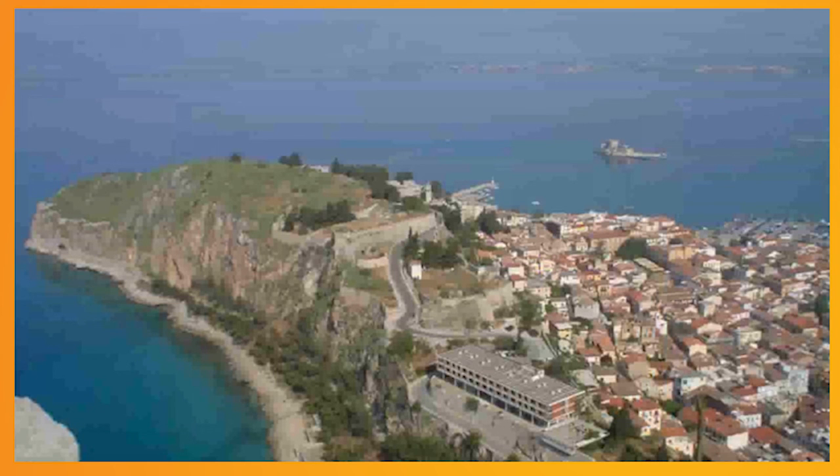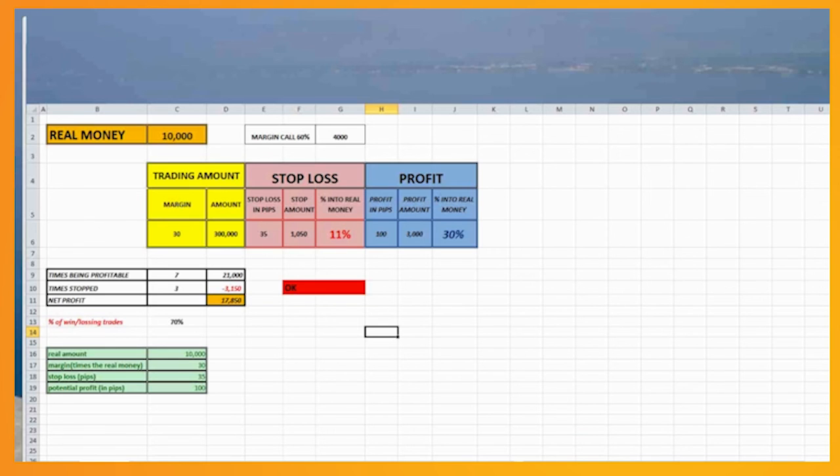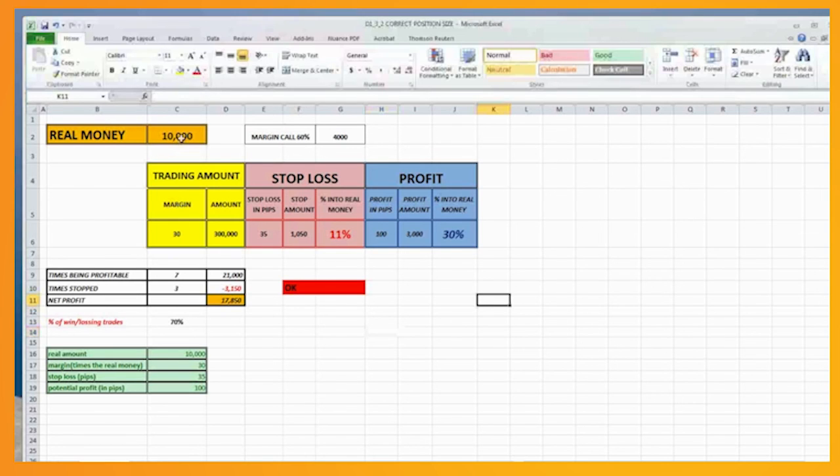For the correct position size, as I told you, you can email us on the SmartLine, smartlineglobal.com, and we can send you this Excel file. It is very simple, just to know your risk. Again, I recommend if you have 10,000 units, margin it 30 times only.